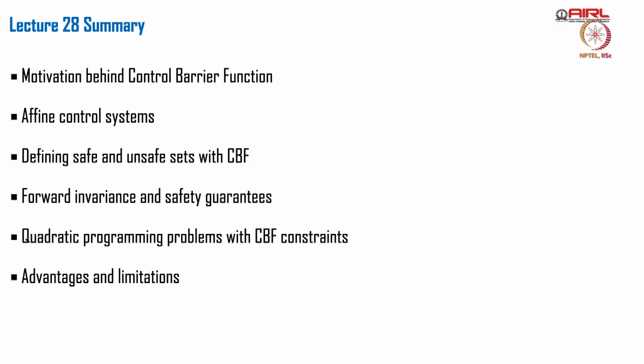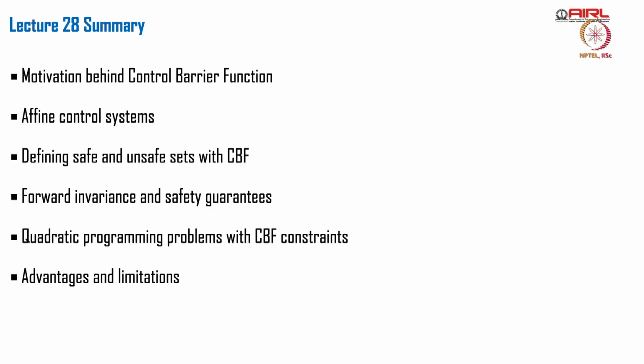We talk about safe and unsafe set. We specifically spend time on forward invariance, because that's a mathematical concept which is very important in understanding control barrier function, because otherwise we cannot appreciate how control barrier function ensures safety, right?